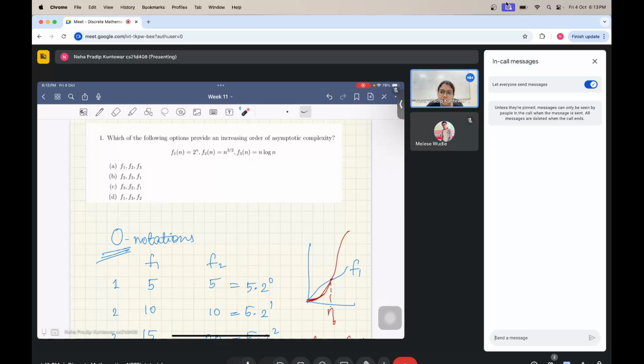You can write your answer in the chat, or if you feel like it, you can unmute and tell the answer.